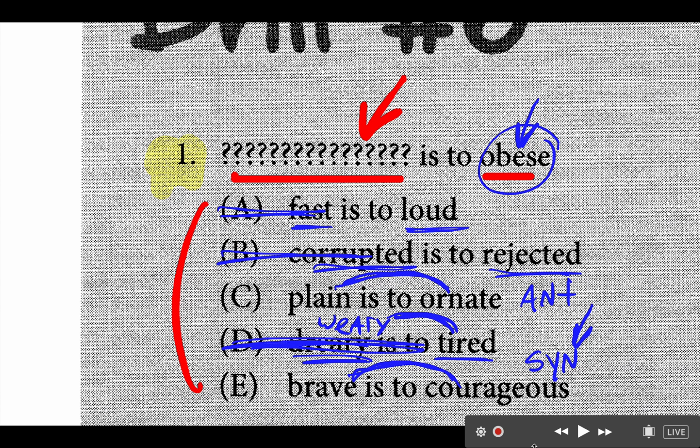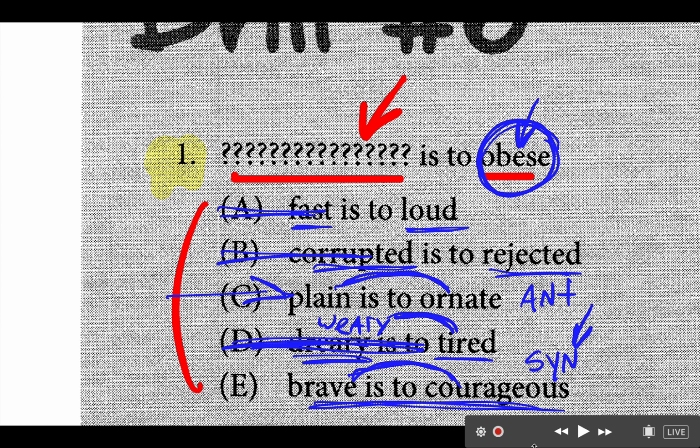So then a question might be, what kind of thing would obese refer to? Well, obese is something that would refer to a human, as do brave and courageous. But you wouldn't describe a human as plain or ornate.